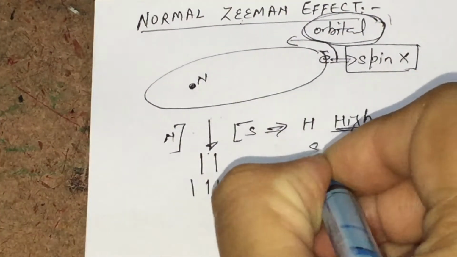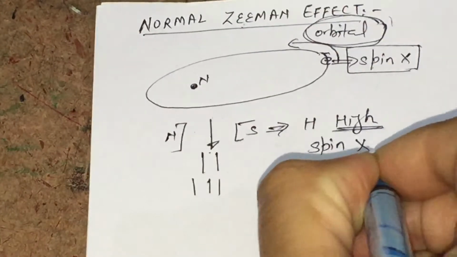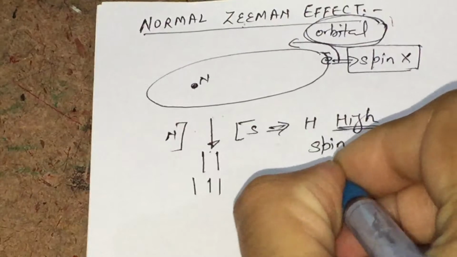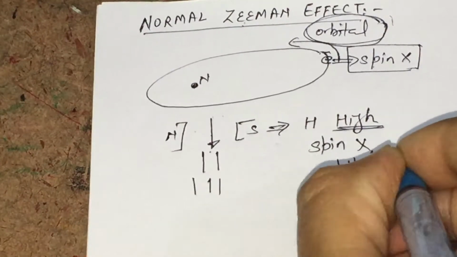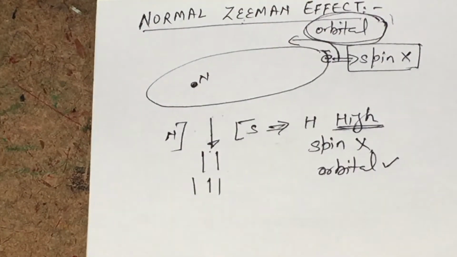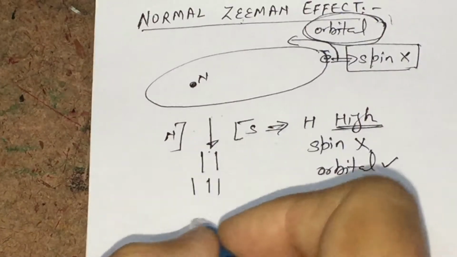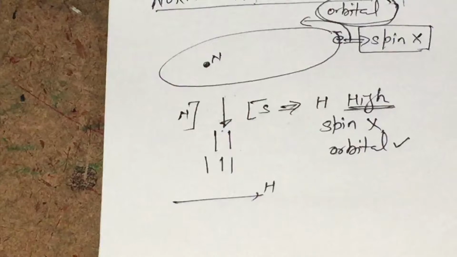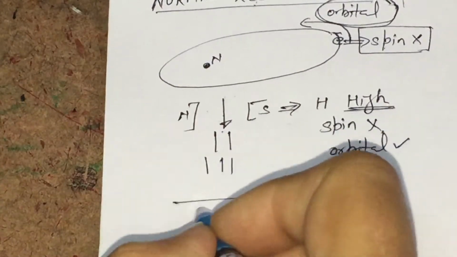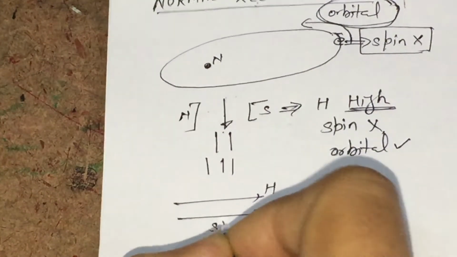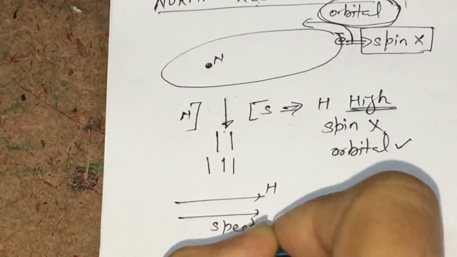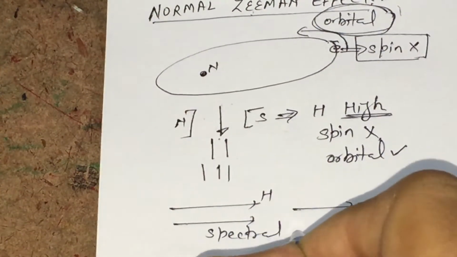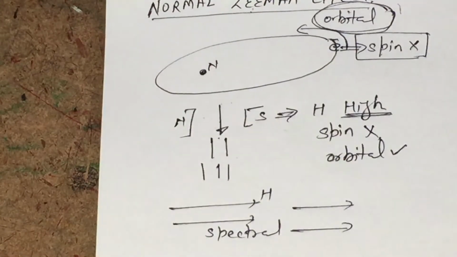And in the case of the normal Zeeman effect, the spin motion is not considered, only the orbital angular momentum is taken into picture. When the direction of the applied magnetic field is parallel to the spectral line, then in the output we get two components of the spectral line.